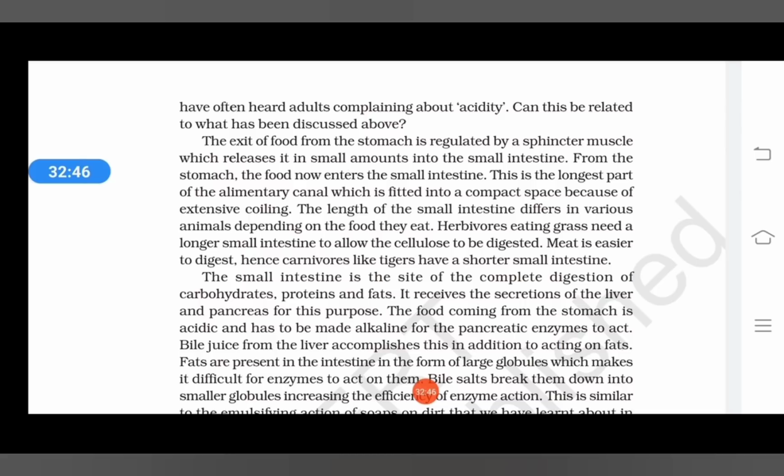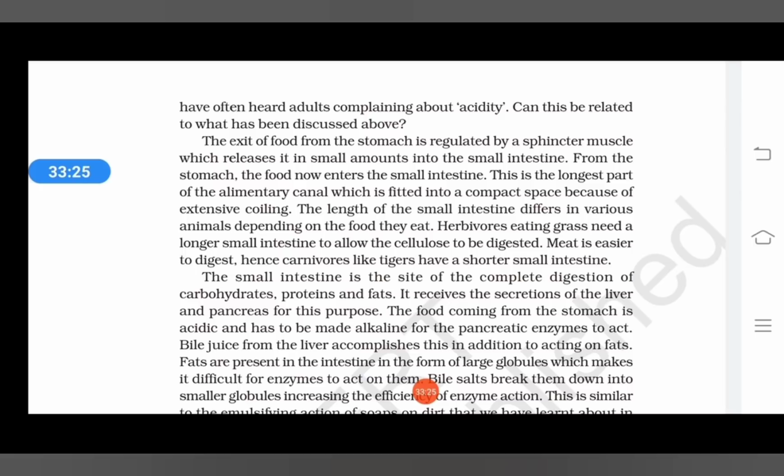So after that the food enters the small intestine. The small intestine is coiled and its length depends upon the type of food that is being taken. In some animals it is very long. For example, herbivores eating grass need a longer small intestine because it allows the cellulose to be digested.